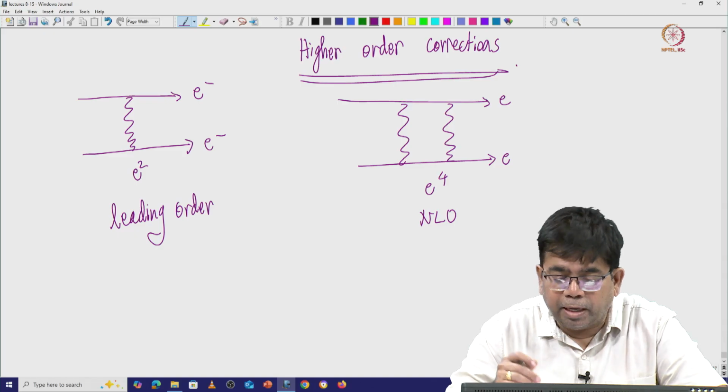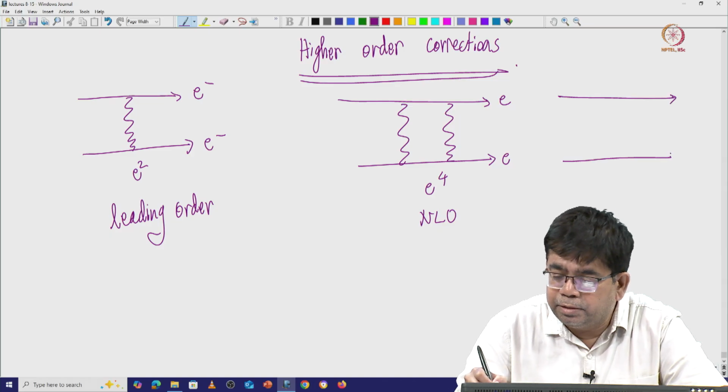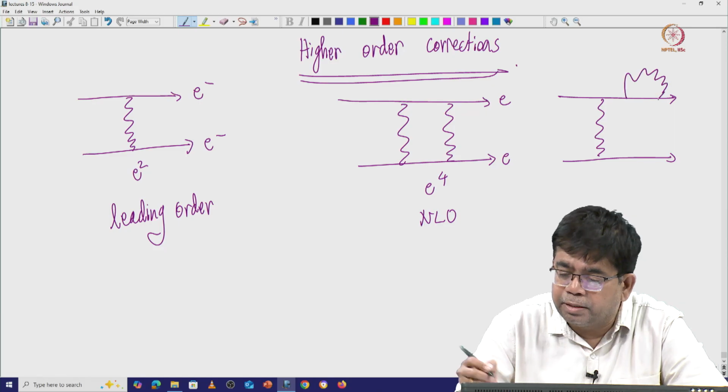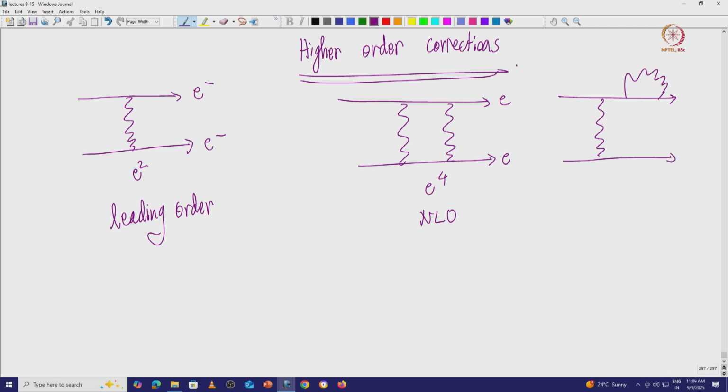There could be other diagrams also, because in next to leading order there will be several other diagrams. You can have 1 photon exchanged like this, with the other photon sitting like this. This is also e power 4.